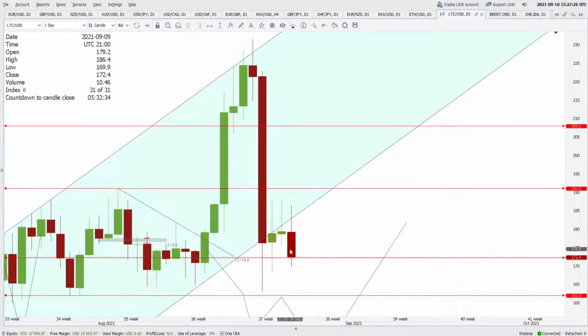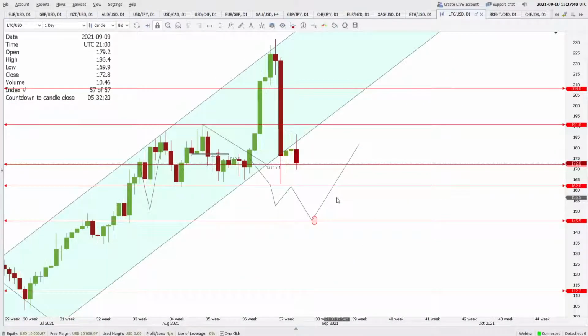So if the candle closes below 172.4 on the daily closing basis, definitely 162 will be exposed on this chart. But if it is able to manage a close higher, then the price can go back to 191 once again before it gets sold off. So only the time will tell. But if you say buy at the current levels because it is already at support, no buy. Okay, there's no buy.